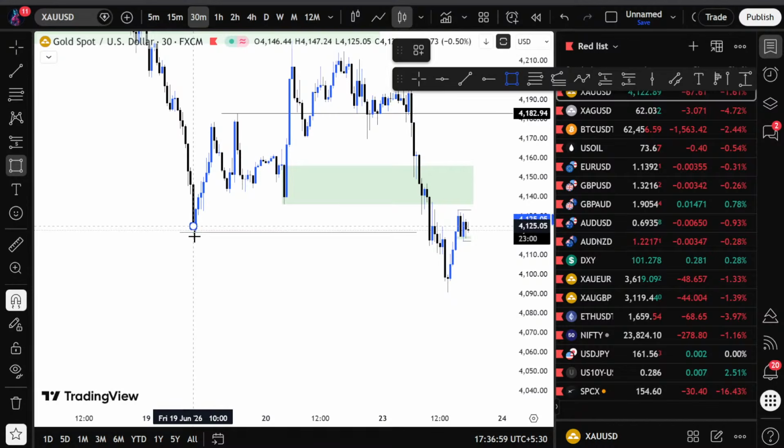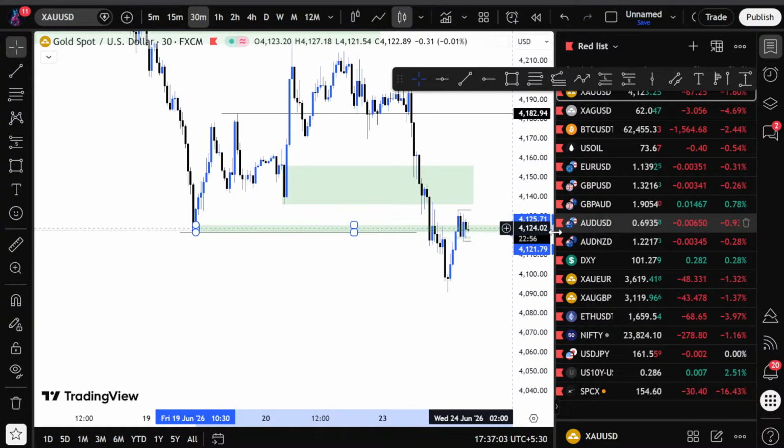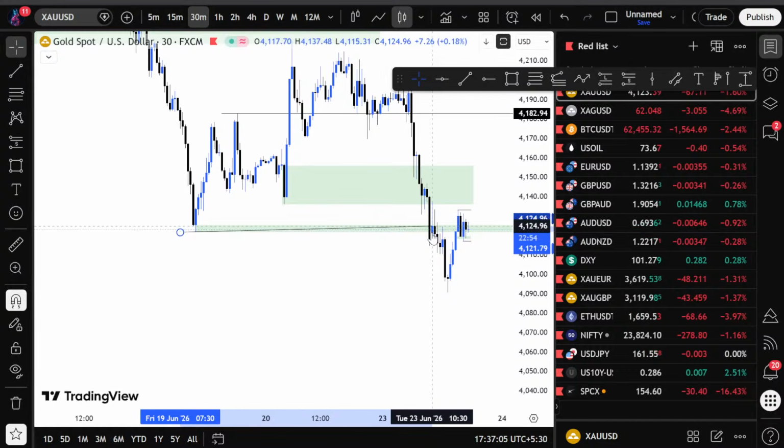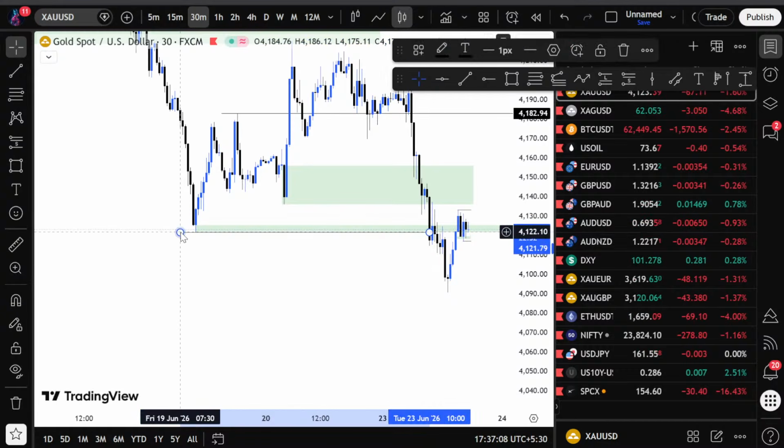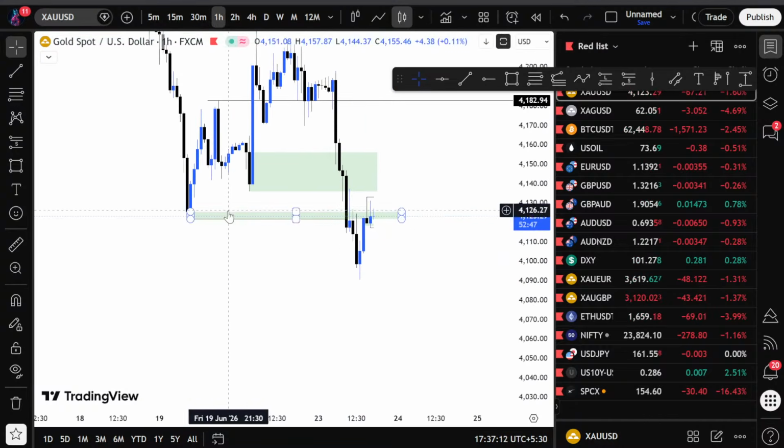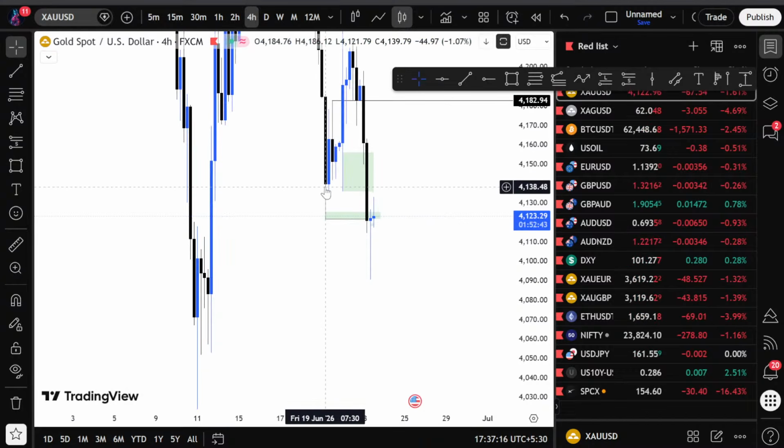The bottom wick is our mitigation block. This is 30-minute, 1 hour is the same, but in 4-hour time frame, wick is much bigger. So for 4-hour time frame, it is this much big.